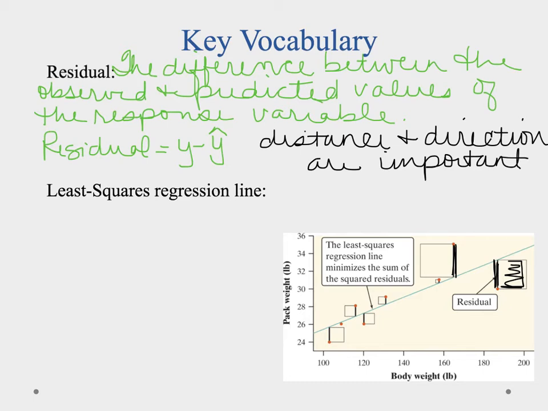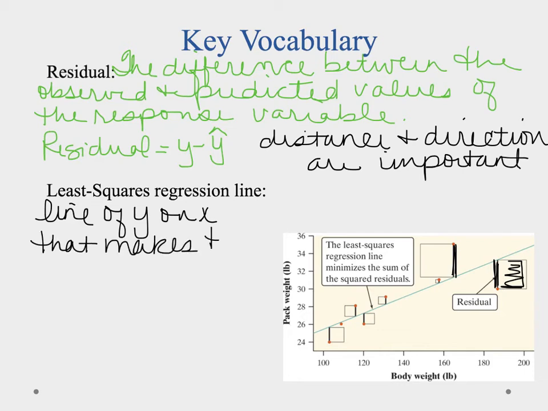So the least squares regression line is a line of y on x that makes the sum of the squared residuals as small as possible.